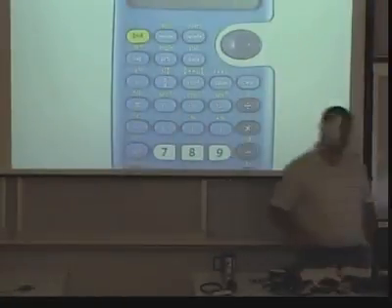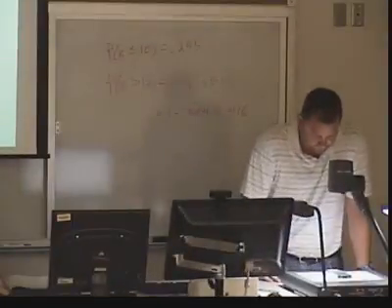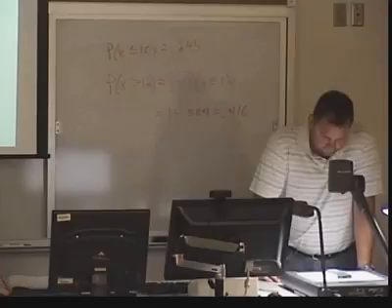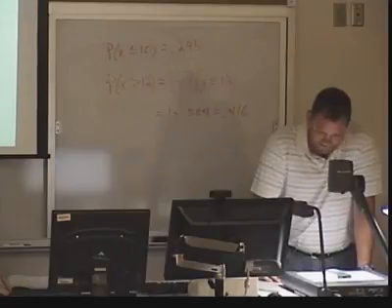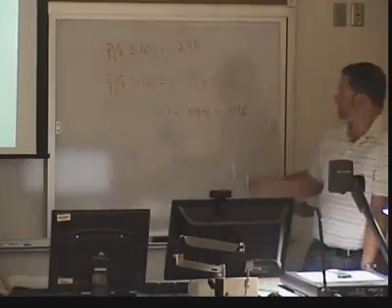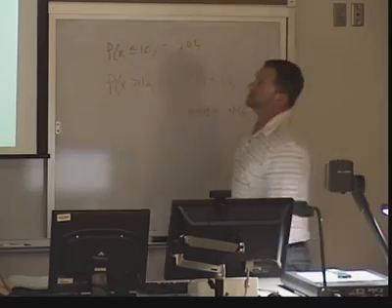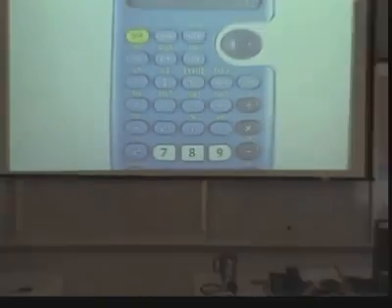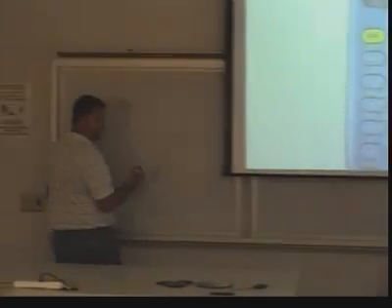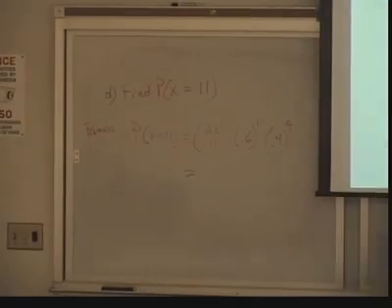So 0.6 to the 11th times 0.4 to the 9th, and hit enter. And let's do it to 3 decimal places, since that's what the chart gives us. So what is this number to 3 decimal places? 0.16. Or 0.160, but we'll just write it as 0.16.